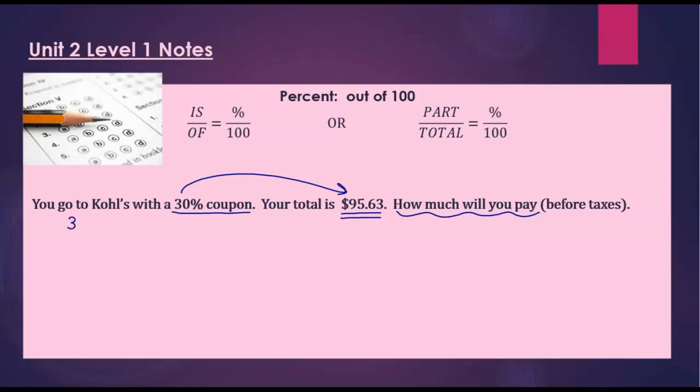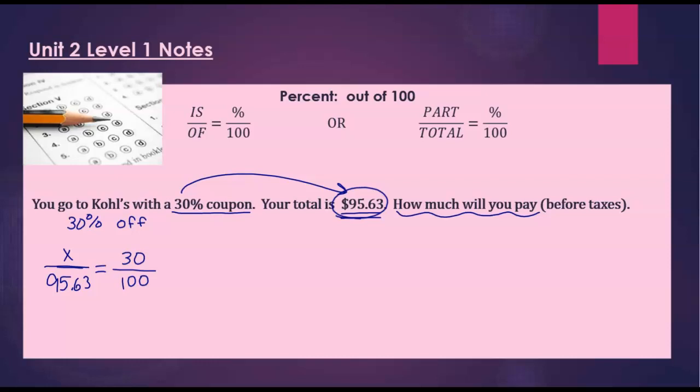First, let's find the 30% off. All right, so we have 30%, so that's my 30 out of 100. And my 100 is my total squares. And my new total now is not out of 100, it's out of $95.63. I want to find out what that part is that I'm going to get discounted.